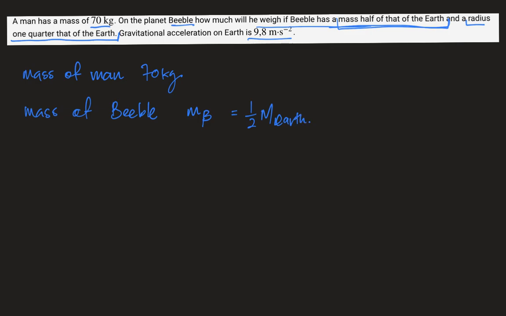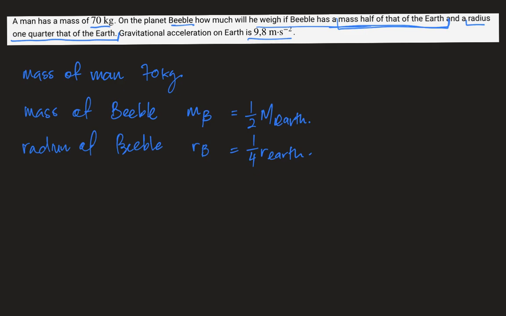They also tell us the radius of Beeble, and they tell us that the radius of Beeble, in terms of Earth, is 1/4 the radius of Earth. So that's what we know so far.